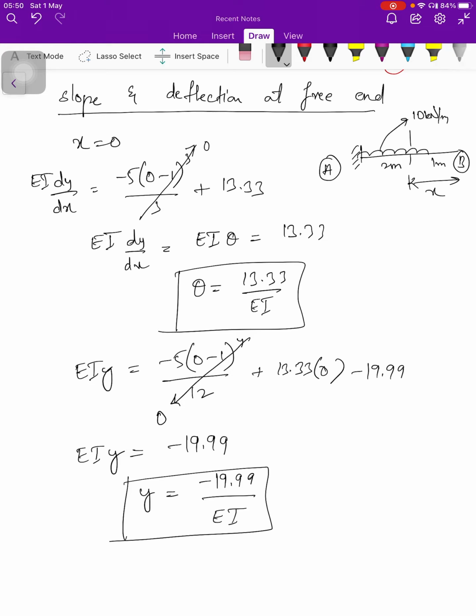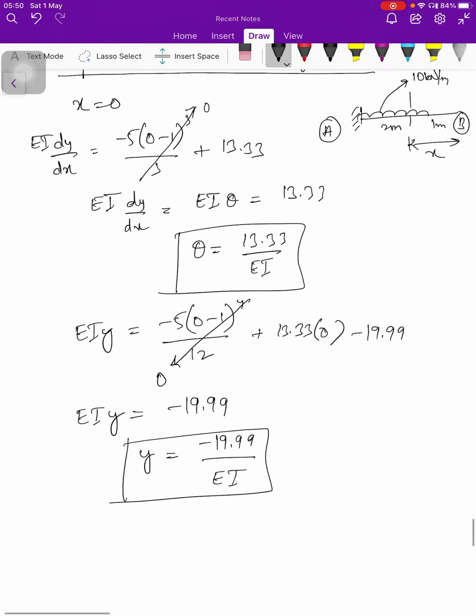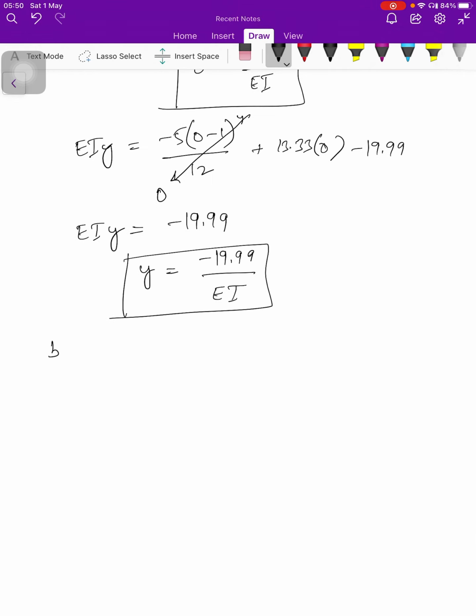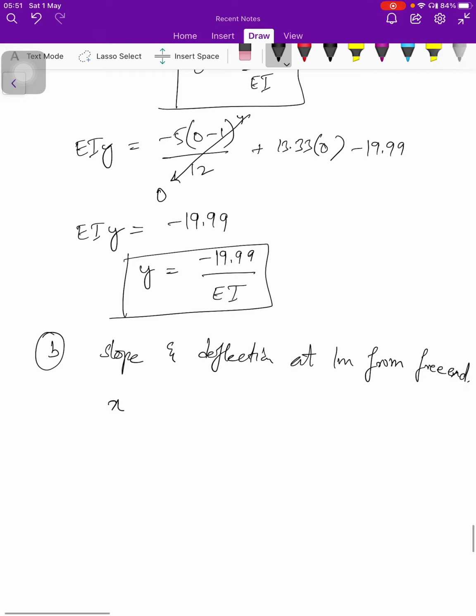Alright, so now next is part B, which is slope and deflection at 1 meter from the free end. So x is directly given to you as 1 meter.